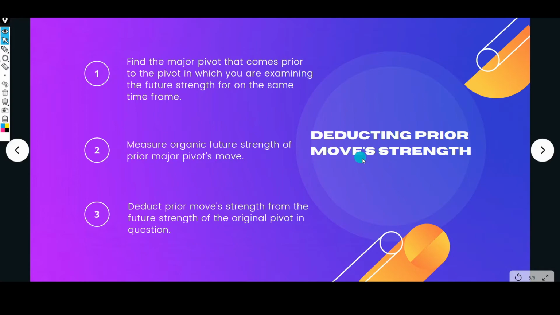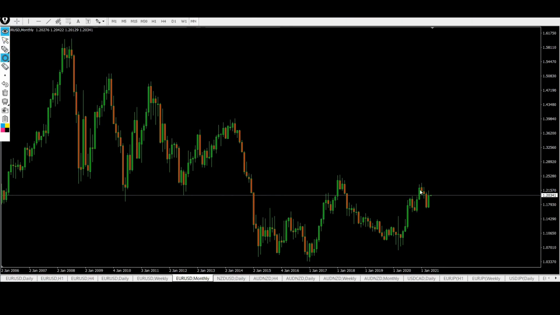So, deducting the prior move's strength. Number 1, find the major pivot that comes prior to the pivot for which you are examining the future strength, on the same time frame. So if we're examining the future short strength of this pivot right here, we also want to know the future long strength of the prior major pivot, which is right here.